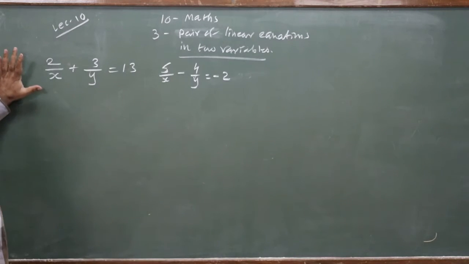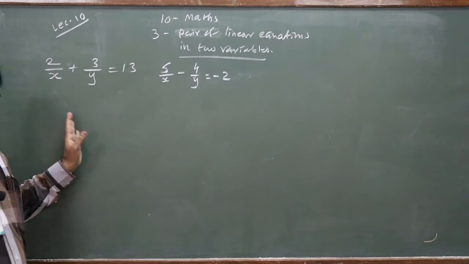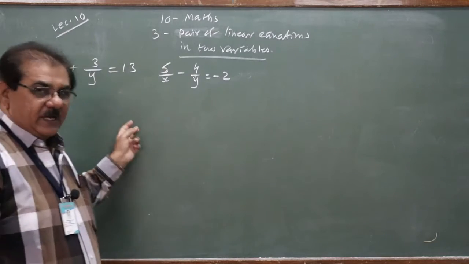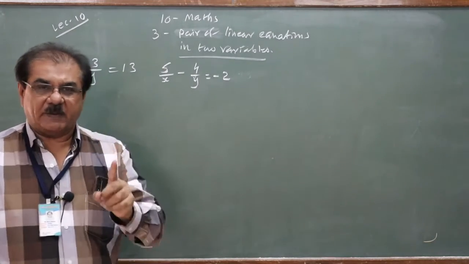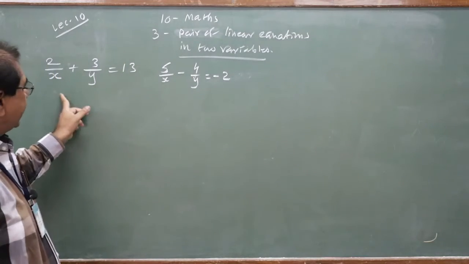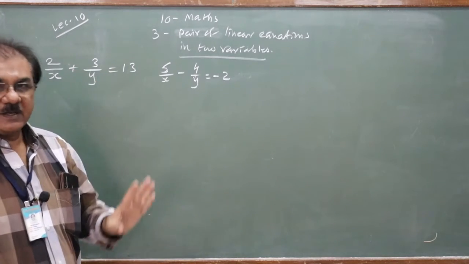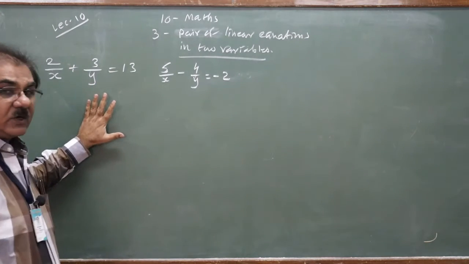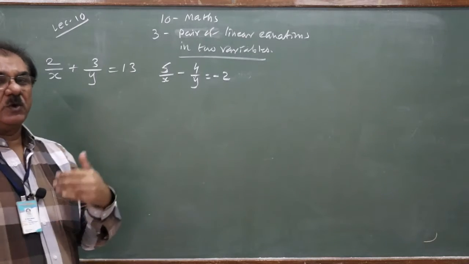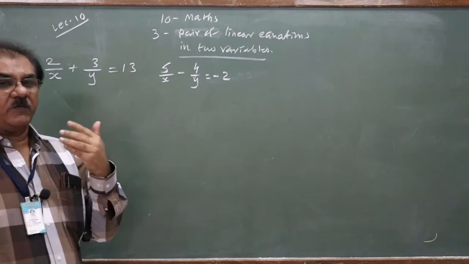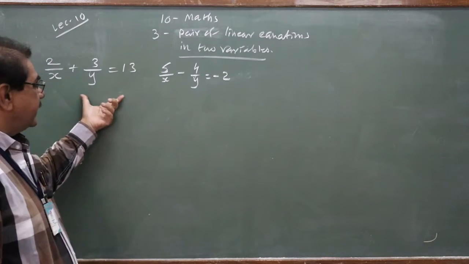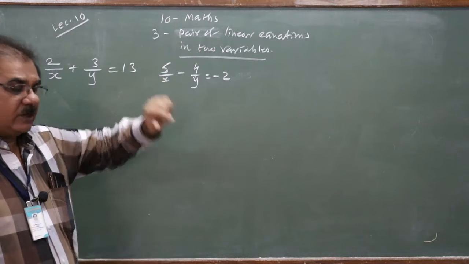Now, which method you want to adopt is important. I tell you, if you want to go for cross multiplication method, simply take the LCM, get the equation and solve them. You can do it. But except this cross multiplication method, if you want to go for elimination or substitution, then you should translate it into the regular form.